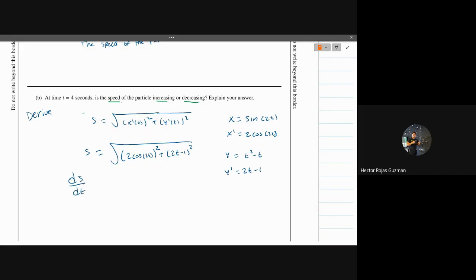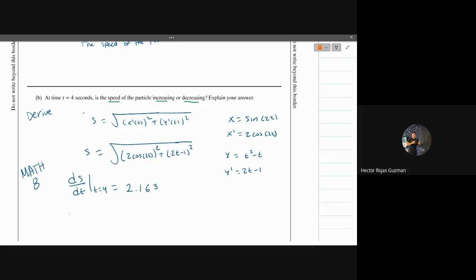ds dt at t equal to 4. In other words, you're going to be using math 8. You plug it into your calculator. Make sure you plug in the equation at x equals 4. The calculator uses x's, not t's. And you're going to get 2.163. So is the particle speed increasing or decreasing?